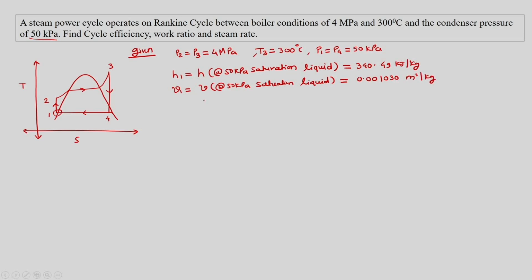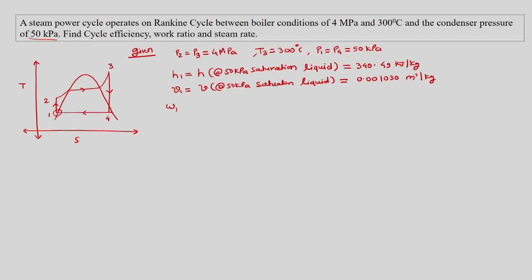We would also need entropy since process 1 to 2 is isentropic, but we don't need entropy since we can find out state 2 using the assumption of flow to be incompressible, and then we can find out the work input. So for that we can find out WP, which is pump work, and we know we are going to use formula V1 into P2 minus P1.